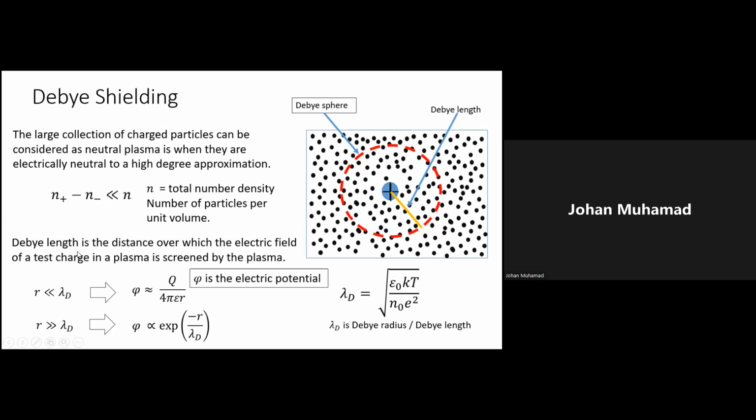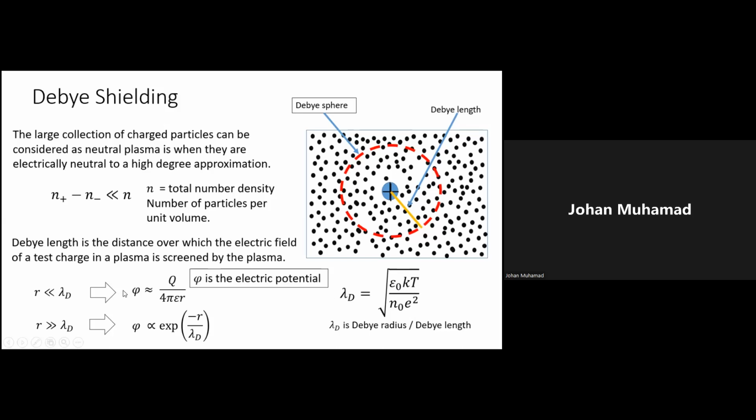So the Debye length is the distance over which the electric field of a test charge in the plasma is screened by the plasma. And we can calculate the Debye length like this. We need the permittivity, the Boltzmann constant, and the temperature of the plasma, over the number of particles and also the charge squared.